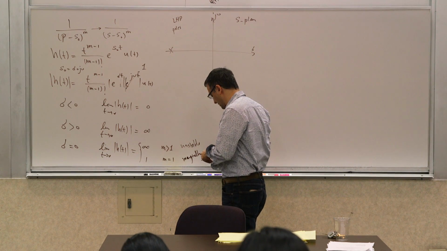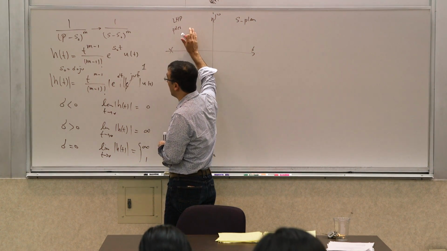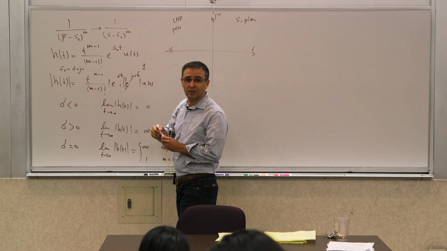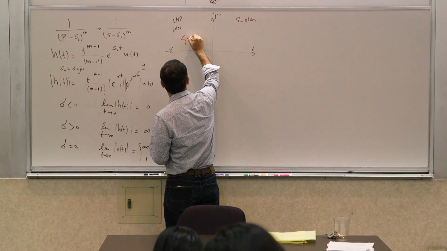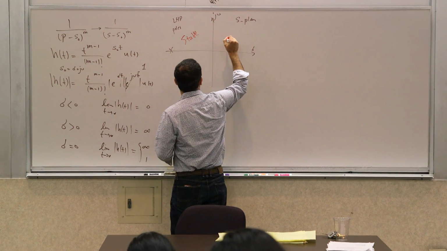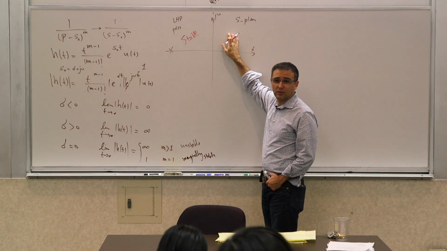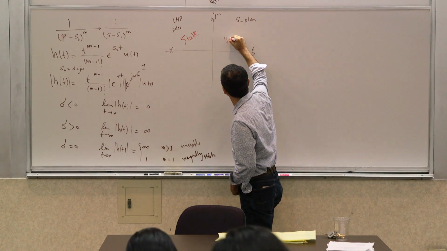So in this picture, if your pole is in the left half plane, or if you have poles only in the left half plane, is it stable or unstable? The system is stable. And then if you have a pole in the right half plane, how about that? The system is unstable.